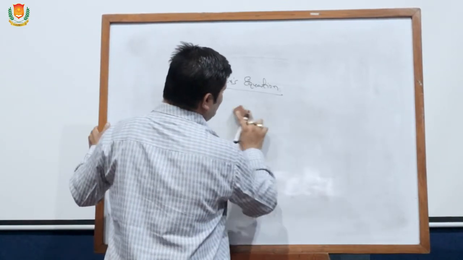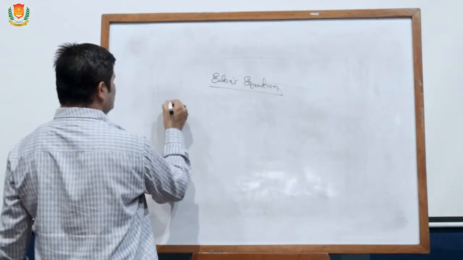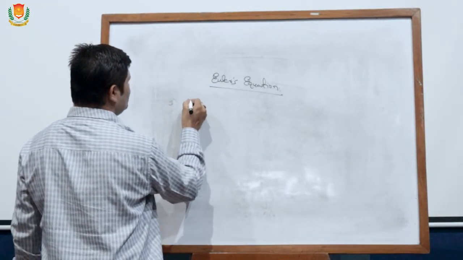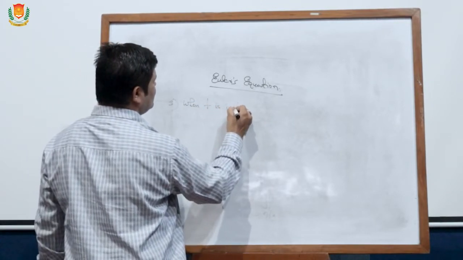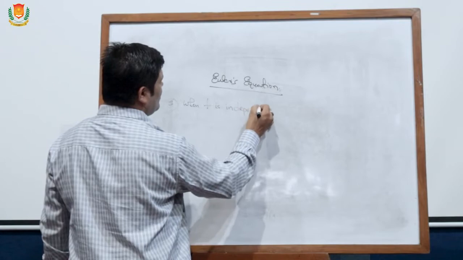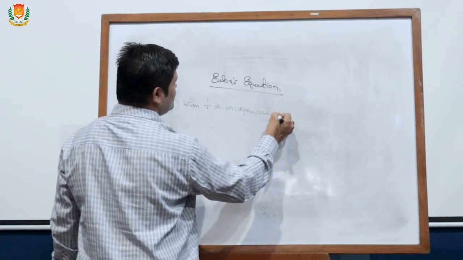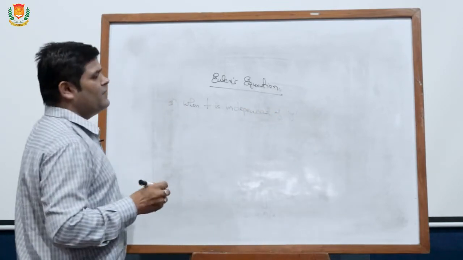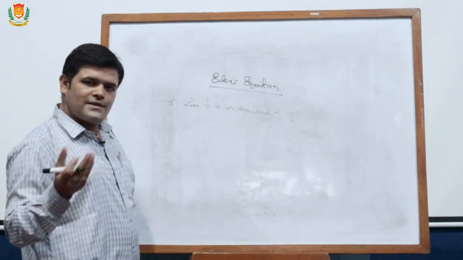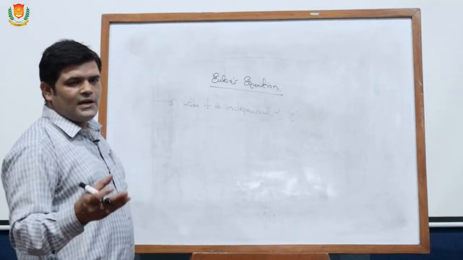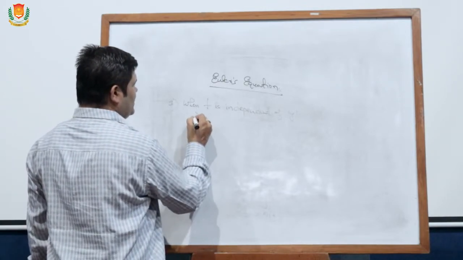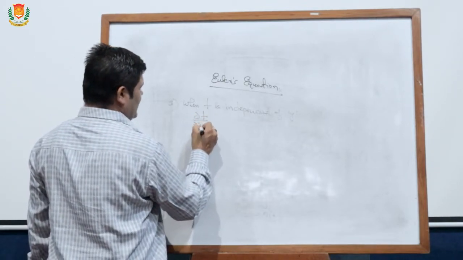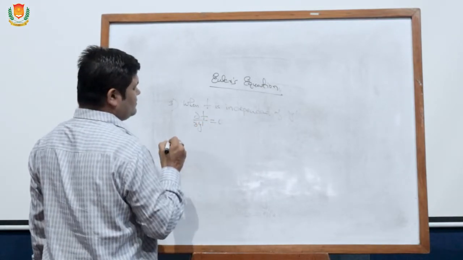And what is the third one, students? Third one is when f is independent of y dash. First is independent of x, second is independent of y, and third is independent of y dash. So here del f upon del y dash equals to 0.